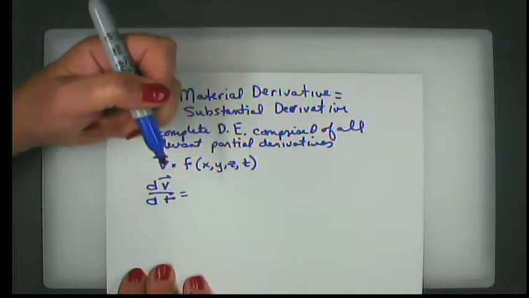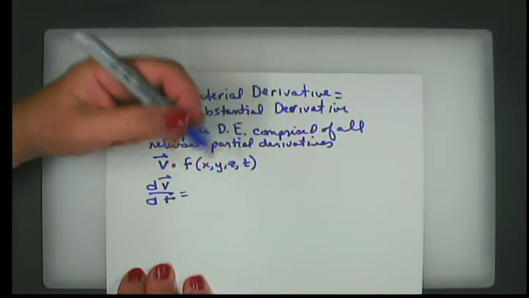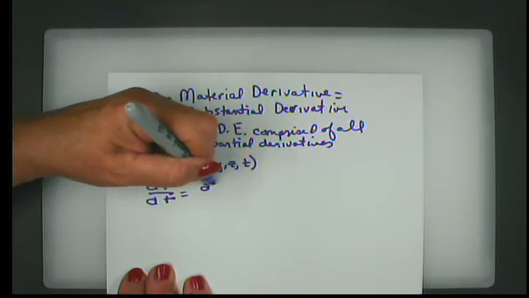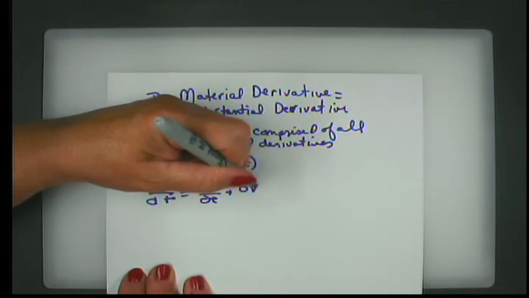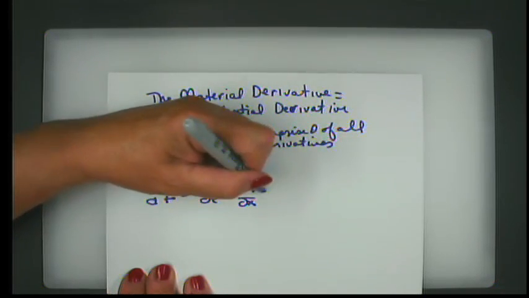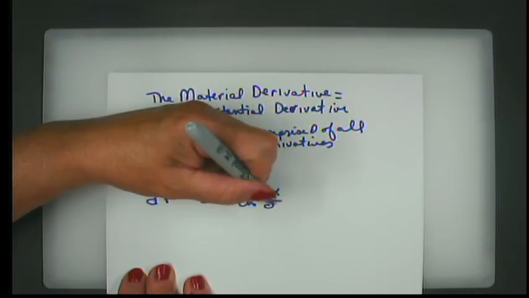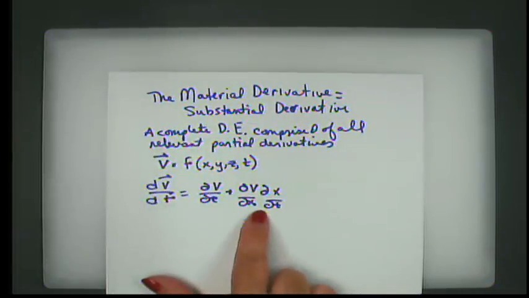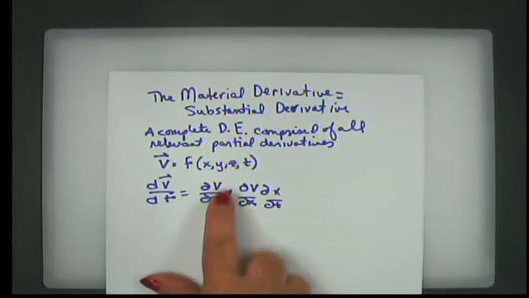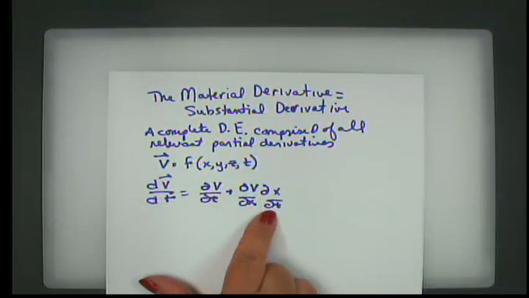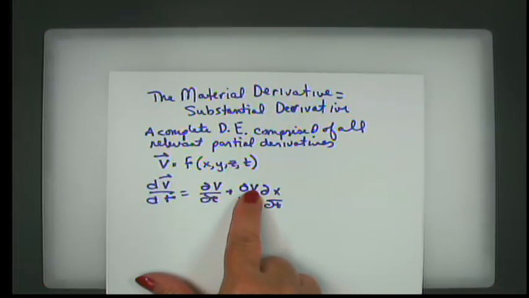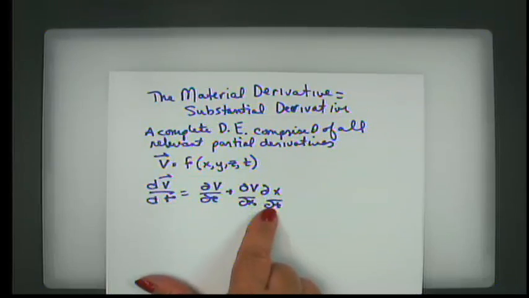Let's go ahead and just use it that way because that's the easiest way to think about it, as being the sum of some partials. And when I talk about the sum of the partials, in order to include all of the directional components, we would take the unsteady portions, plus we would take the product of the derivative of the vector with respect to a spatial component multiplied by the partial of that spatial component with respect to time.